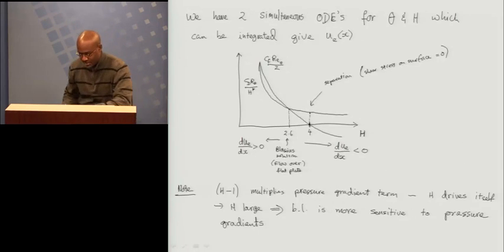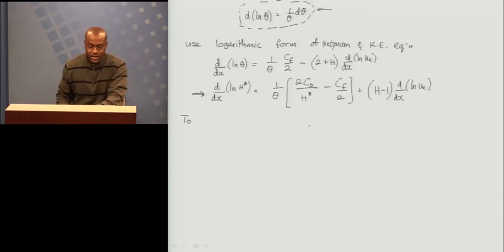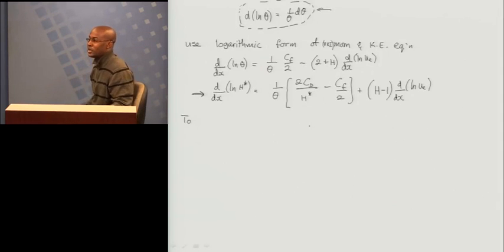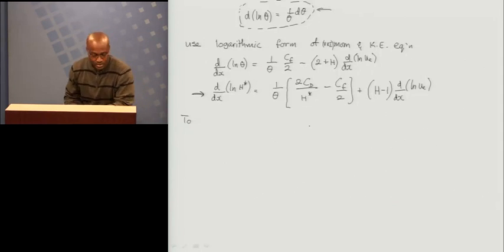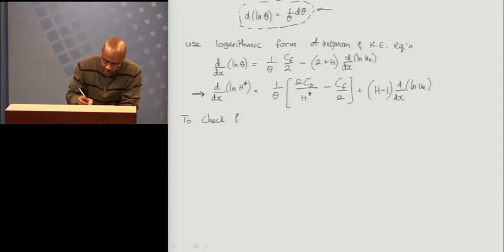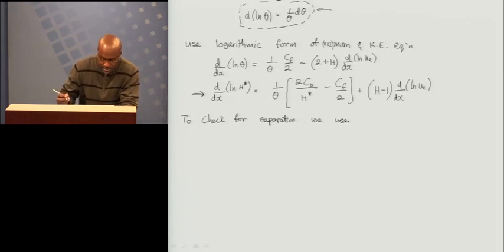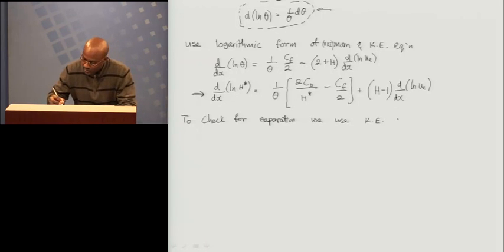Okay, so we're going to look at this equation since this is what governs H to figure out what's happening with separation. Alright, so to check for separation, we use the kinetic energy equation, sometimes called the kinetic energy shape parameter equation, same thing, so that's this guy.